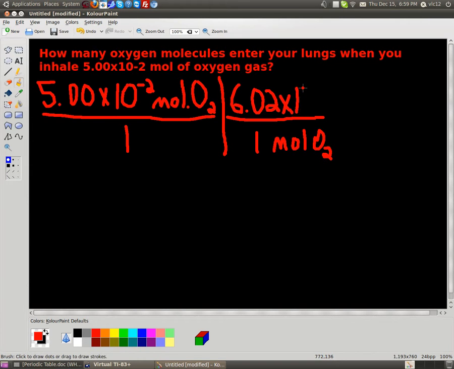I know that because of a famous scientist, Amadeo Avogadro. He's the guy that came up with this. So anyway, 6.02 times 10 to the 23rd, and it's going to be molecules.